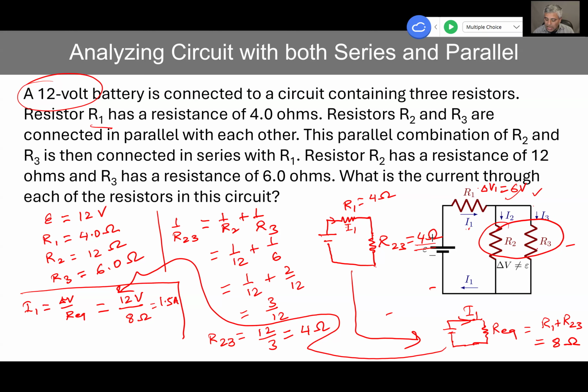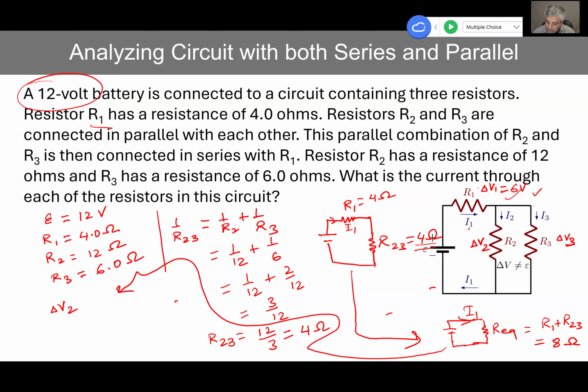voltage, since R2 and R3 are parallel, what do we know? Let's see if we can do that in one step. So that means delta V2, which is the voltage across, let's say R2, and delta V3 here.